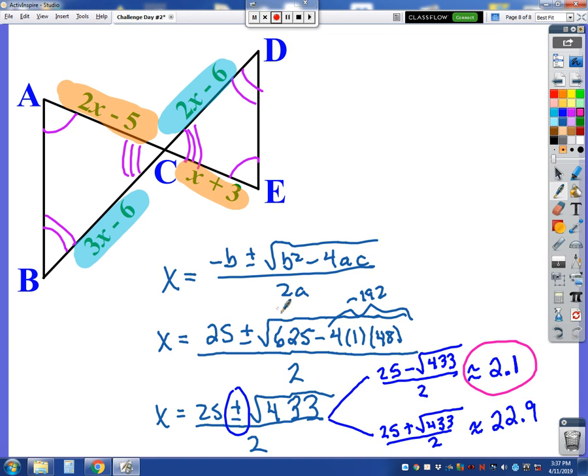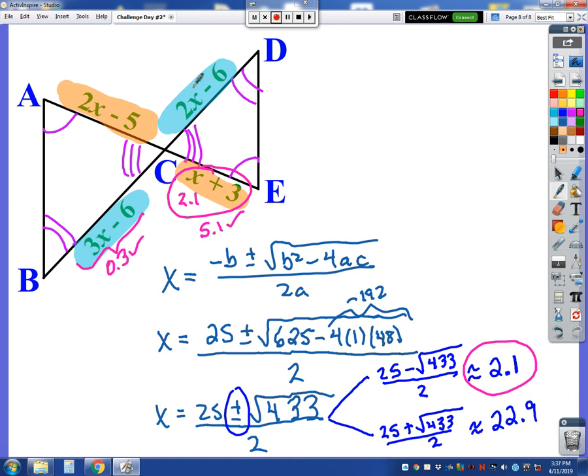But let's see. If I put 2.1 in for this x, hey, I get a positive length, 5.1. Cool. If I put 2.1 in right here, 3 times 2.1 is 6.3 minus 6. I mean, this is small, but it ends up being positive 0.3, so that works.